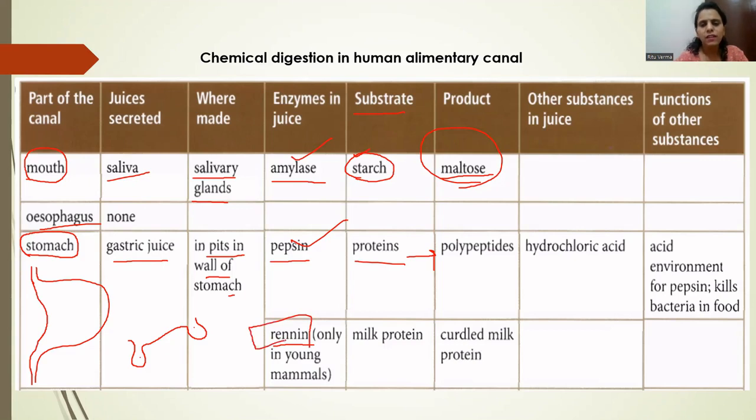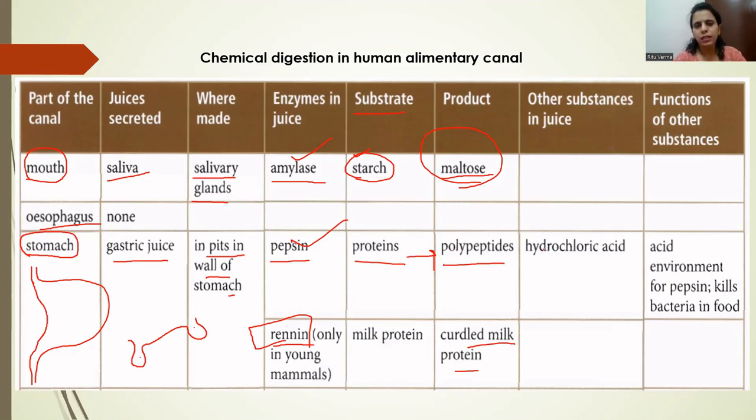Renin helps in digestion of milk protein, and it helps in curdling the milk protein so that it can easily undergo digestion. So pepsin helps in digestion of proteins into polypeptide chains, and renin, which is present only in infants or young mammals, helps in digestion of milk protein, which is called casein.